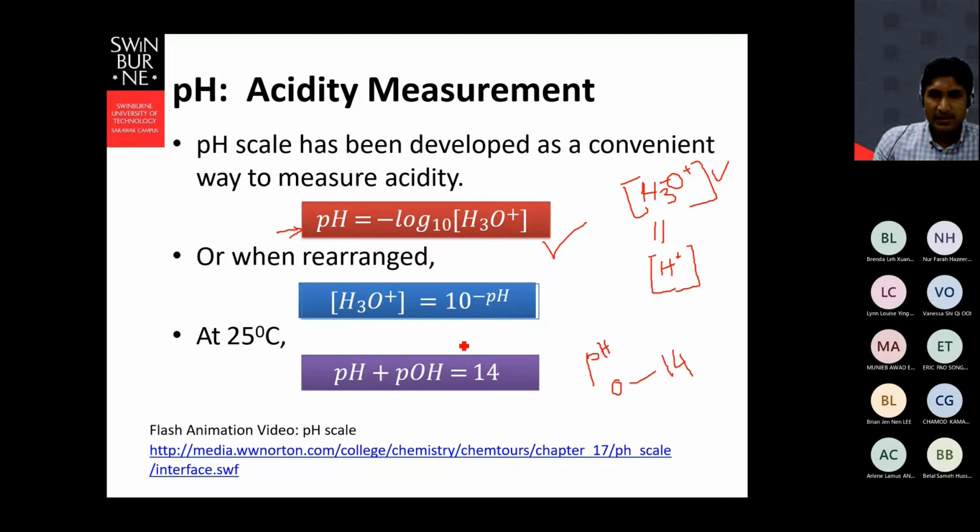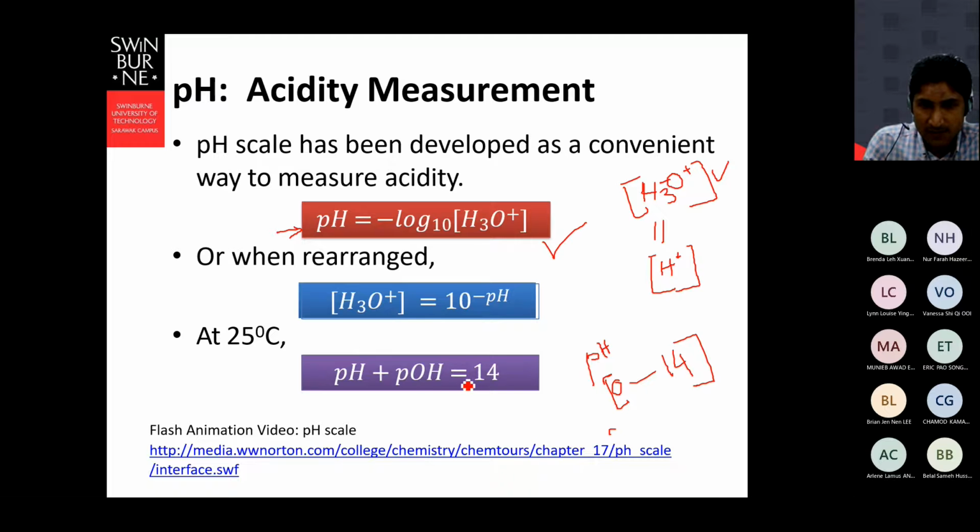The value should be within this scale. If somebody says the pH is 15 or the pH is -1, it is not correct, because mathematically the pH scale should be 0 to 14. And pH and pOH together make 14.